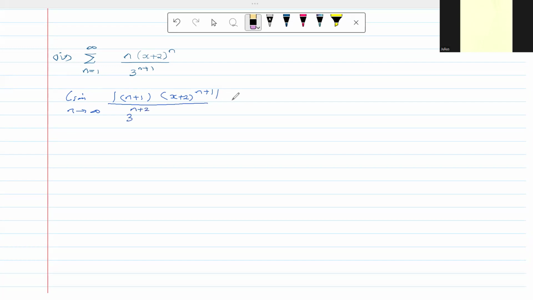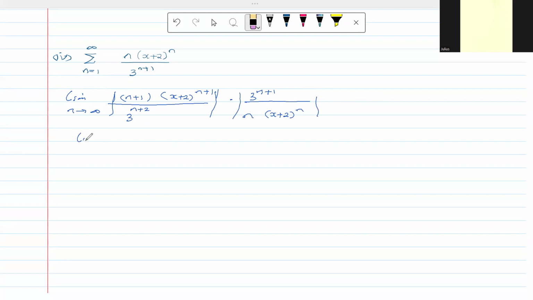Then because I'm dividing by the original term, I multiply by the reciprocal of it, 3 to the n plus 1 divided by n, (x plus 2) to the power of n. So this is absolute, and this one is absolute.